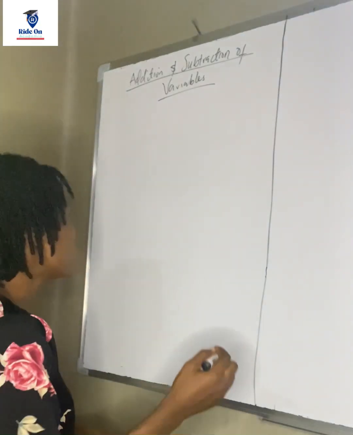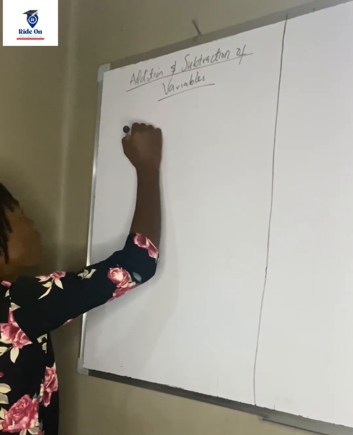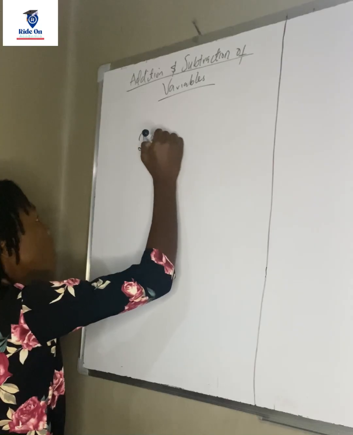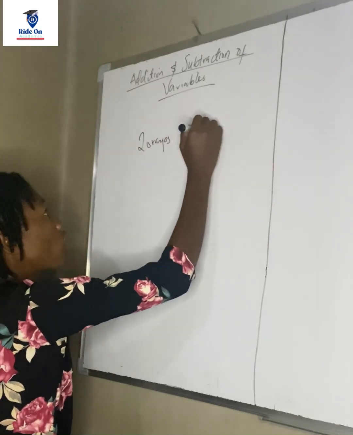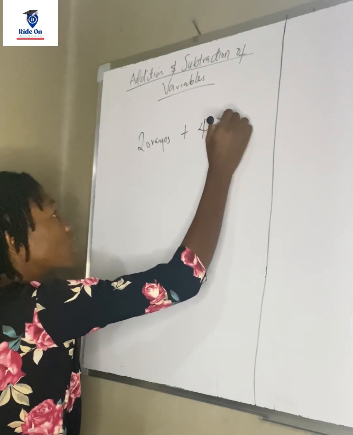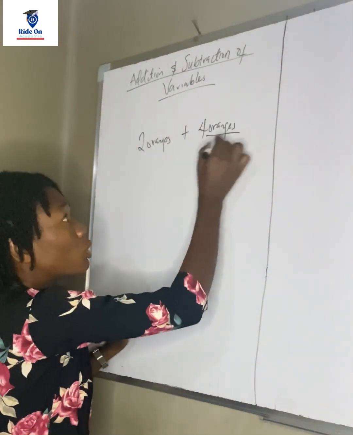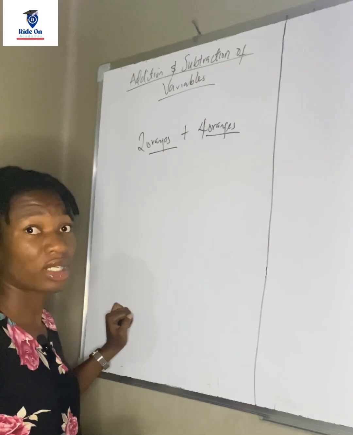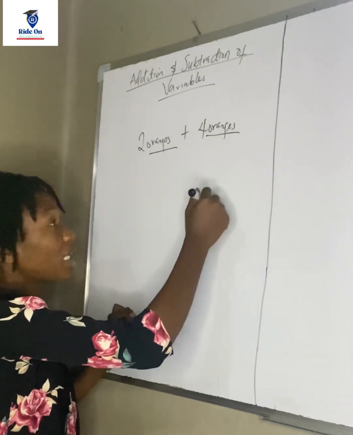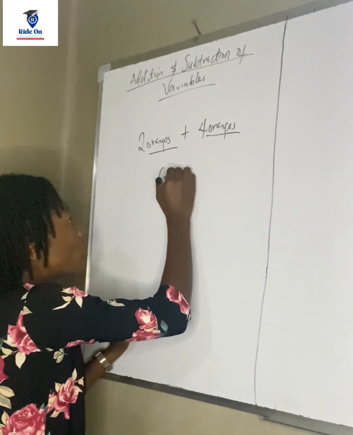Now the same way where you have, let's say, 2 oranges plus 4 oranges, you can add them up because they are both talking about oranges, so you can add them up to have 6 oranges.